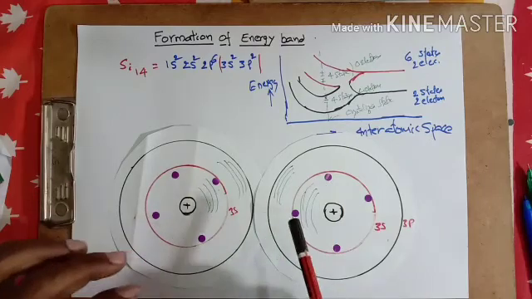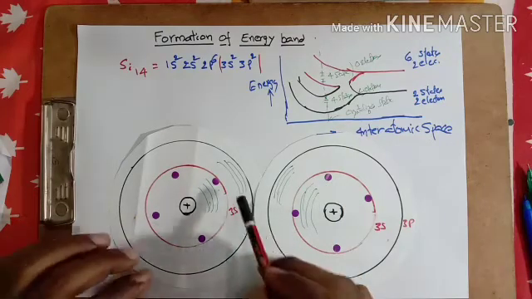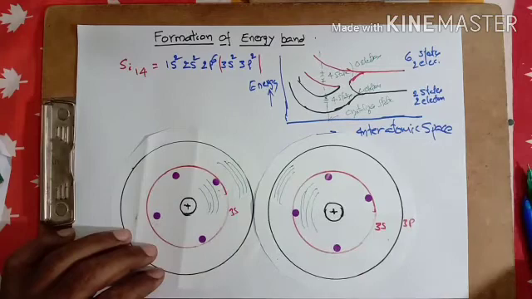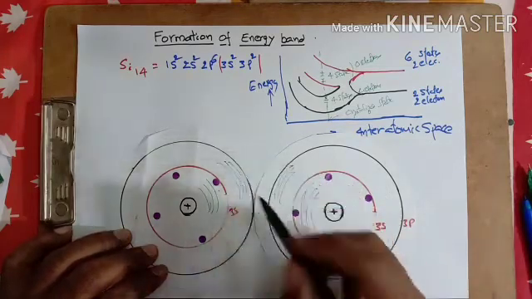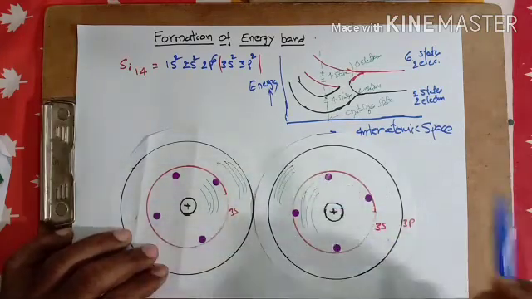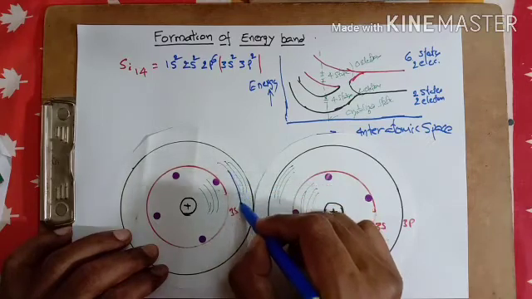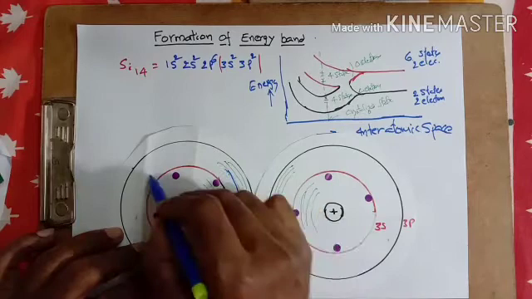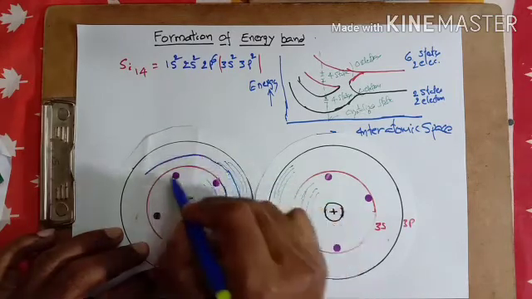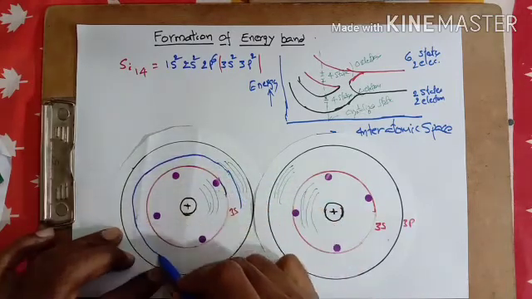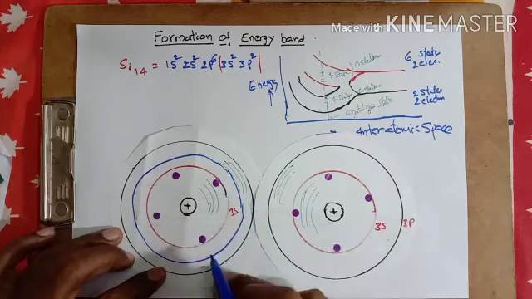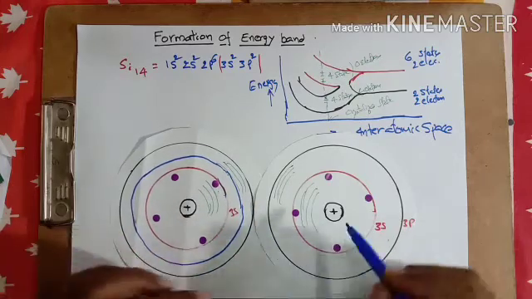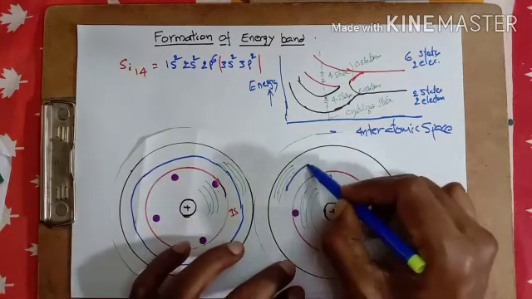And now if you see, there is a gap between these two. So this is a gap between these. So if you draw a full circle here, okay, and there's a gap here, so again draw a full circle.